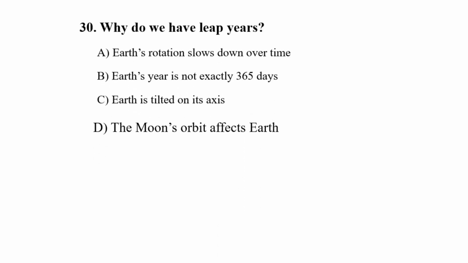Question number 30. Why do we have leap years? A. Earth's rotation slows down over time. B. Earth's year is not exactly 365 days. C. Earth is tilted on its axis. D. The Moon's orbit affects Earth.